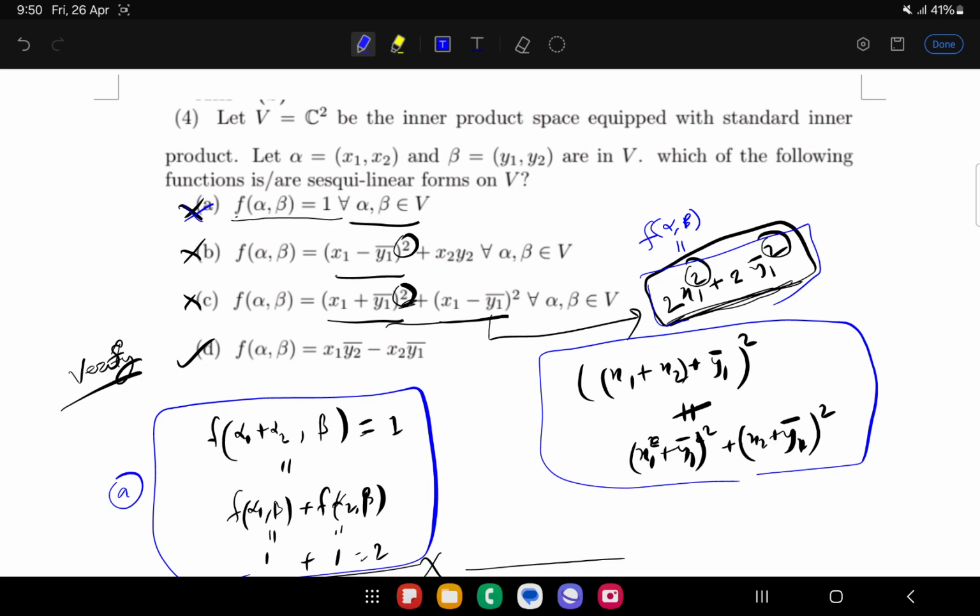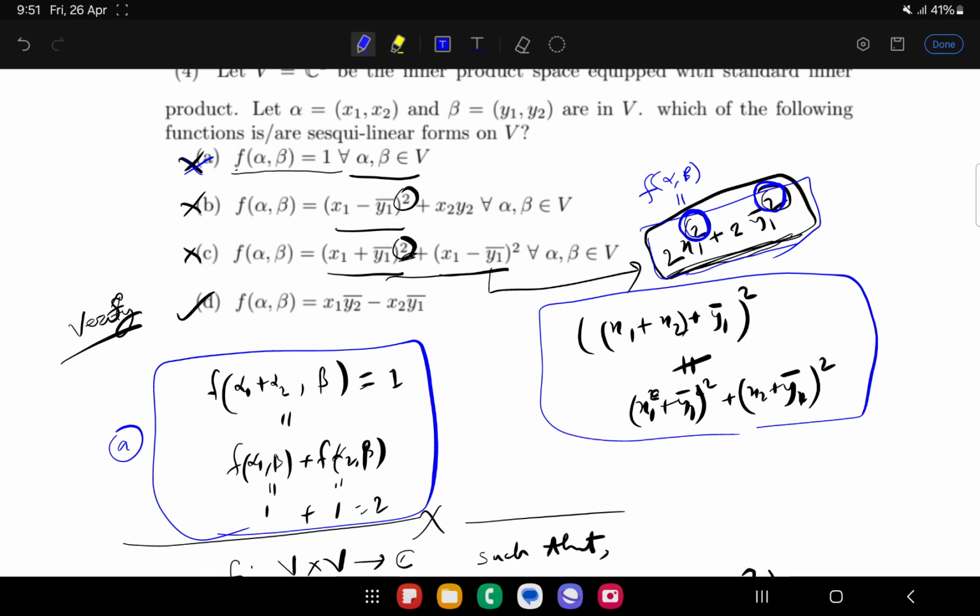You can take anything in y1, y2 of beta, basically take different y2, and then use the linearity property. It will fail here, because of these powers linearity fails in the first coordinate.